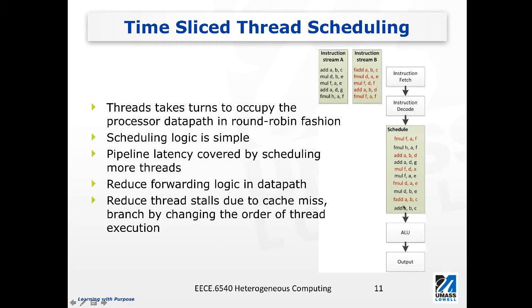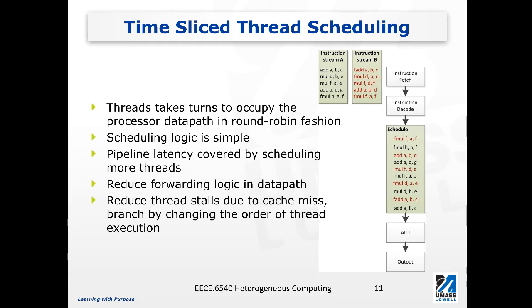We just alternately take one instruction from one of the streams, and then in the next cycle, we'll execute the first instruction available in the other stream, and so on. So what you see here is black and red, representing that these instructions are executed in a round-robin fashion from these two different streams.